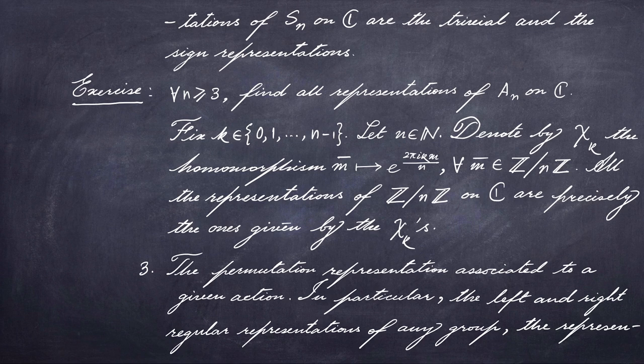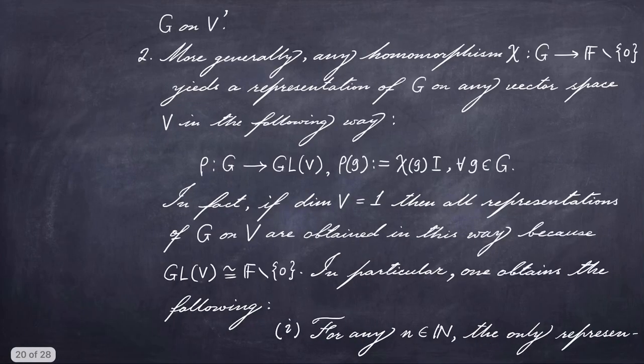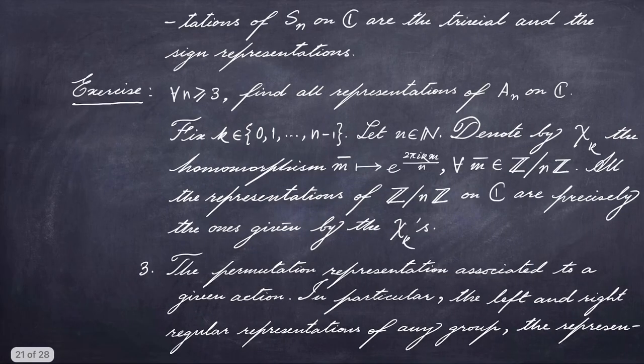Remember, the sign representation sends each sigma to sign(sigma). So it's a map from Sn to plus minus 1, which of course is a subgroup of the multiplicative group. So in view of this, these are all the representations of Sn on C. Here the case for Rn I would like to leave to you as an exercise.